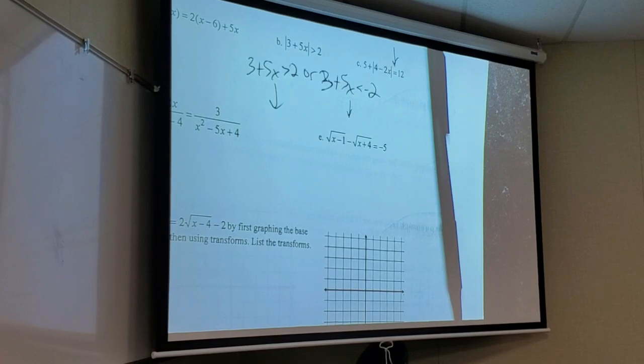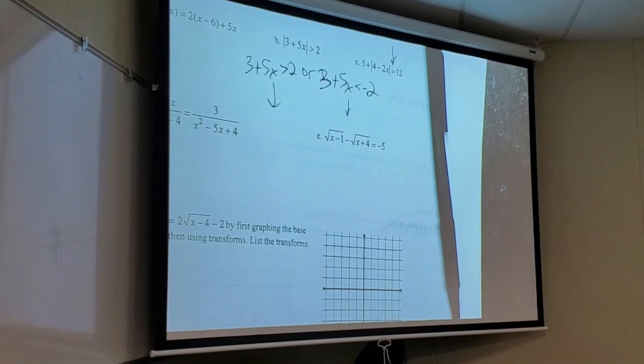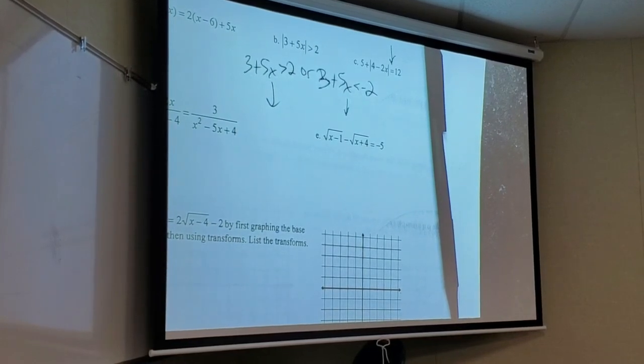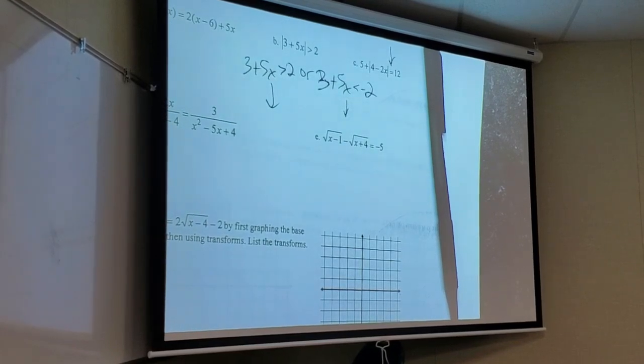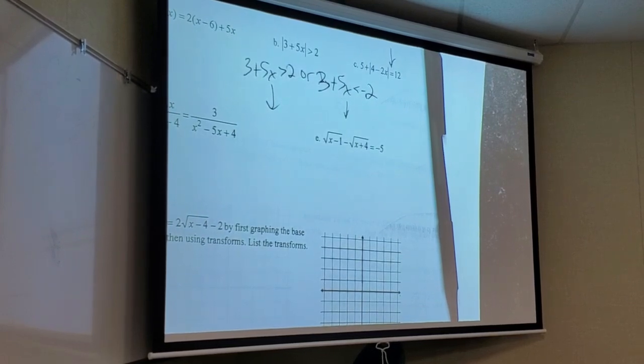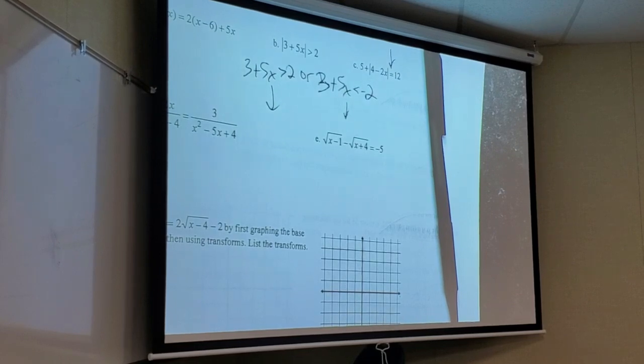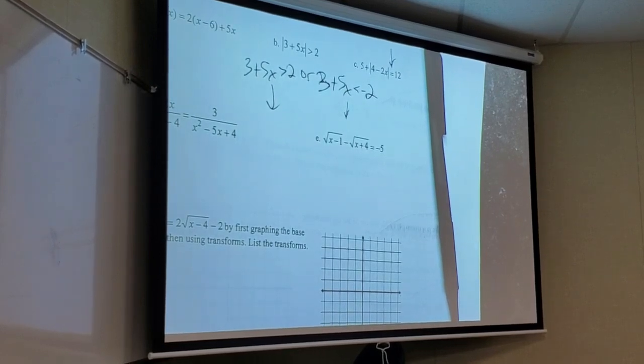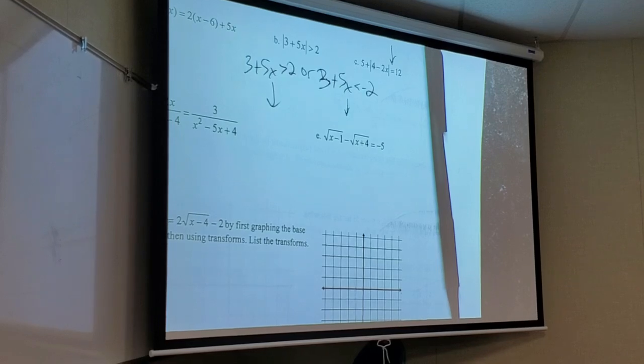That's all that says. Are you with me? What's it do if the number is negative? It changes its sign. So, absolute value of 3 plus 5x, let me do this one first. If 3 plus 5x is bigger than or equal to 0, it leaves it alone if it's already positive, or it changes its sign if it's negative.